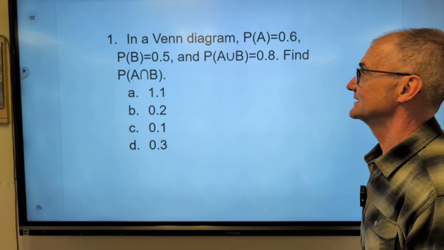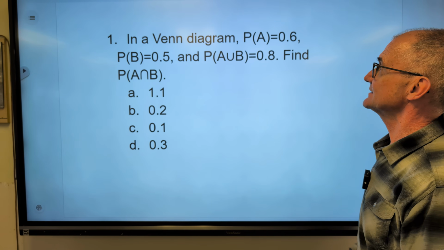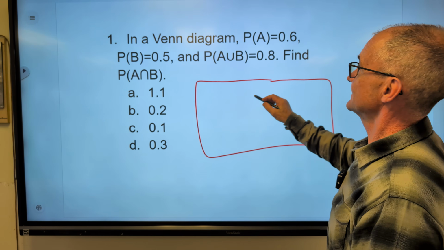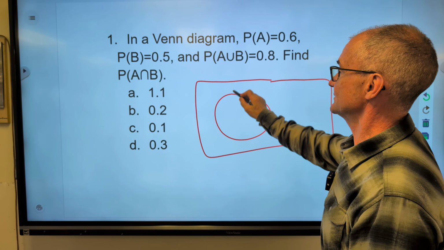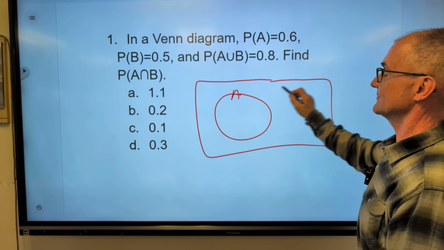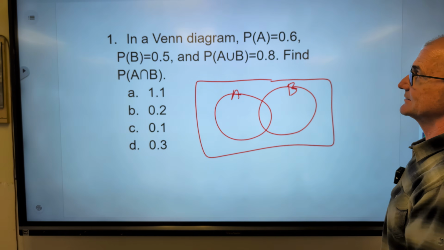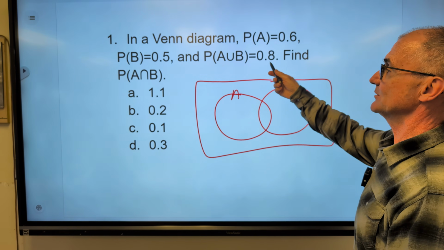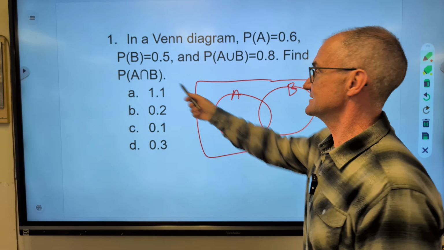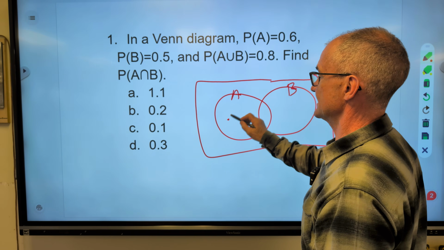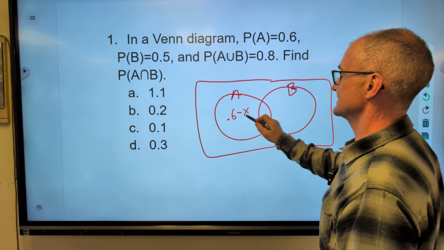Okay, number 1, in a Venn diagram, it means I have a big rectangle like this. I have one thing which is A and another thing which is B. The two overlap. The union of both is 0.8 and the intersection is what I'm looking for. A is 0.6 minus x.